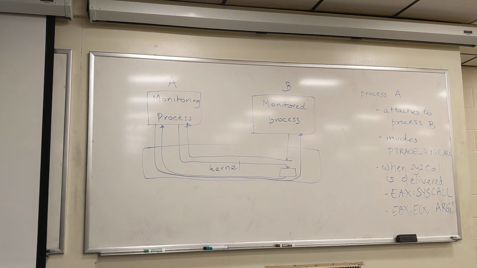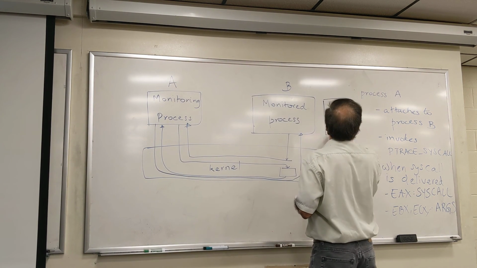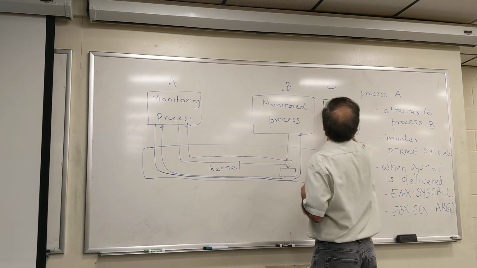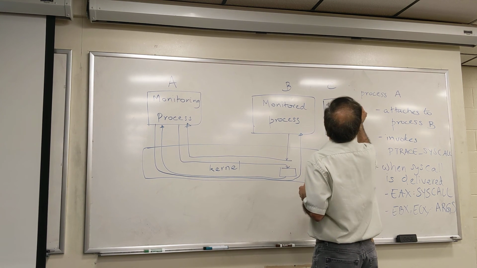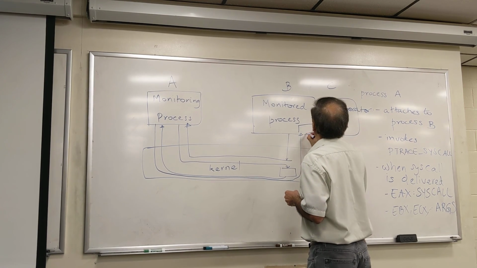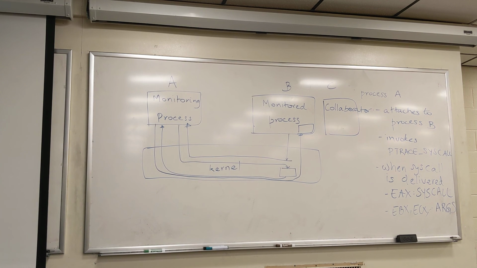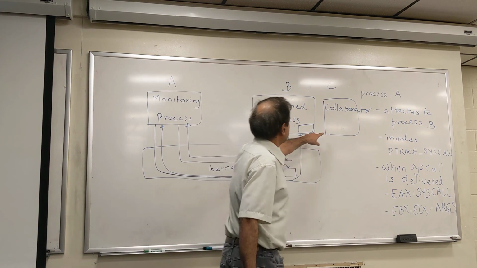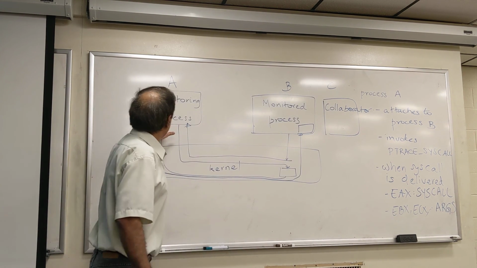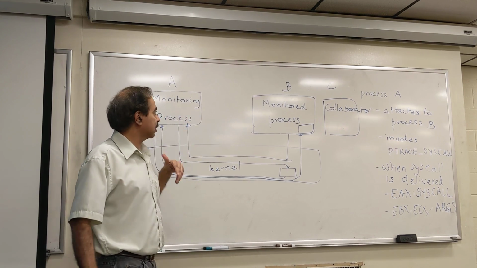Okay? Or you could have a collaborator process, right? And it is possible for the collaborator process and the monitor process to have shared memory, and the file name could be kept in the shared memory, and then process C might be trying to change it while process A is trying to look at it, right? So there can be a race condition because of that.